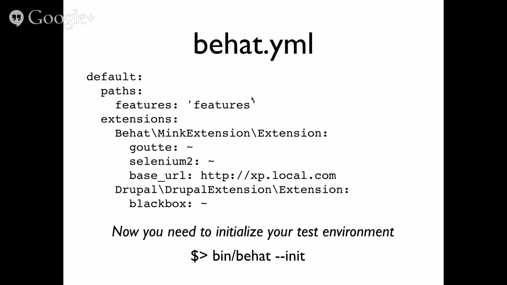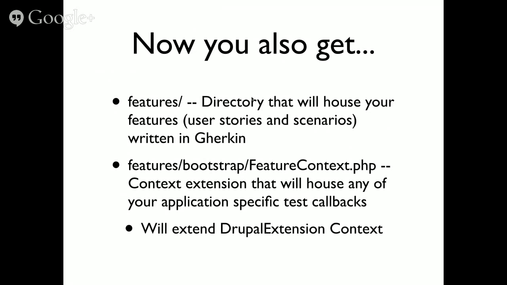There can also be a lot more information in your YAML file, but this is the bare minimum that you're going to need in order to run tests in black box mode. So when you run that, you should get a features directory. That features directory is where we're going to put all of our scenarios, our features, which are composed of a user story and a scenario, and they're going to be written in Gherkin.